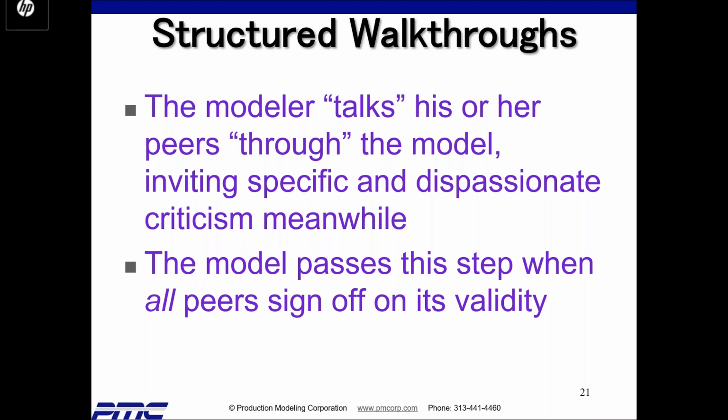And an important concept of a structured walkthrough is, as a bigger model, there might be 3 or 4 colleagues around the desk, and they can, in effect, vote, sort of little paper ballot. Is this model typically one of 4 possibilities? The model is correct. The model has mistakes that can be fixed quickly, and we don't need to meet again to review the corrections.